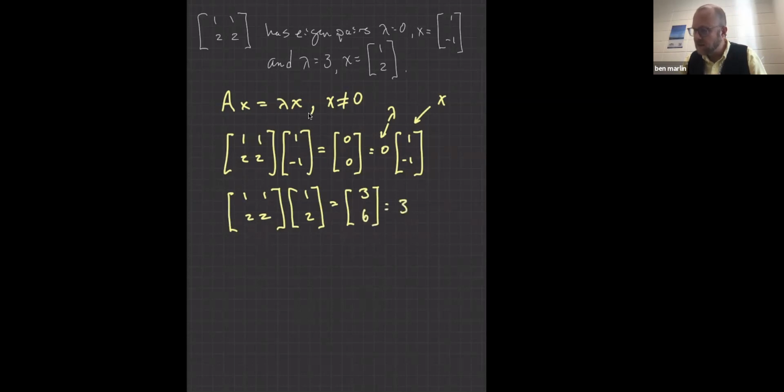And that is 3 times 1, 2. So you have a multiple of the same vector that you had there. So that is the notion that we're trying to get across here, what an eigenvalue and an eigenvector are, okay? So let me see, does my next example, no, my next example goes to a 3 by 3.